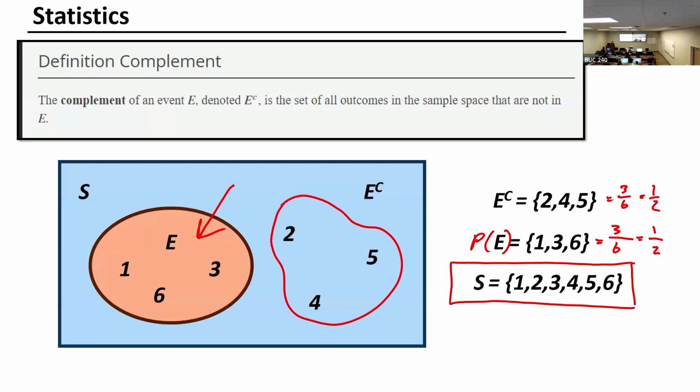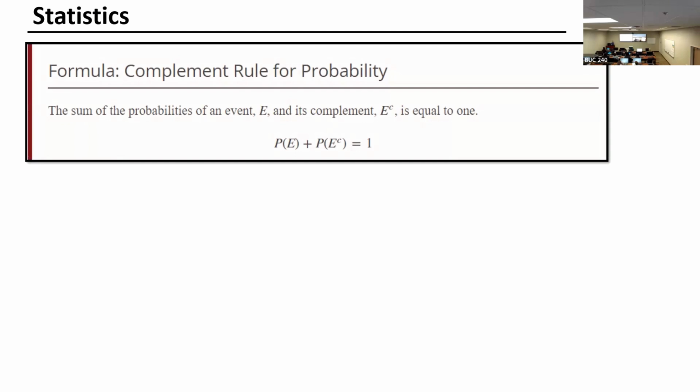This should show you an inherent quality of these two, which says this. The sum of the probabilities of event E and its complement will always equal 1. Why is that? There are two different percentages of a whole. I like that.